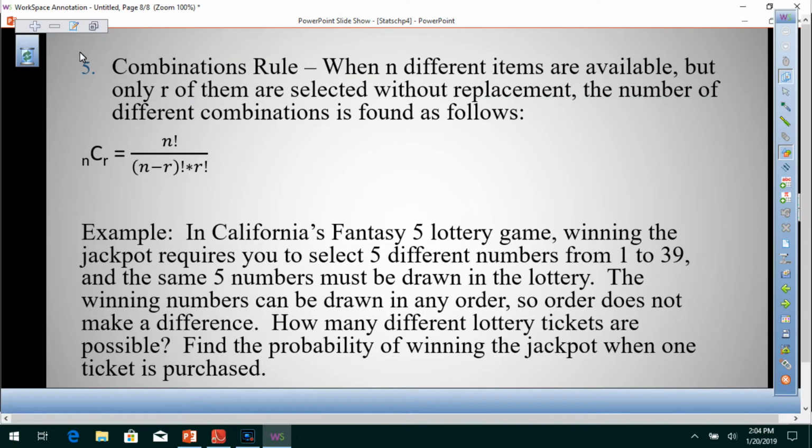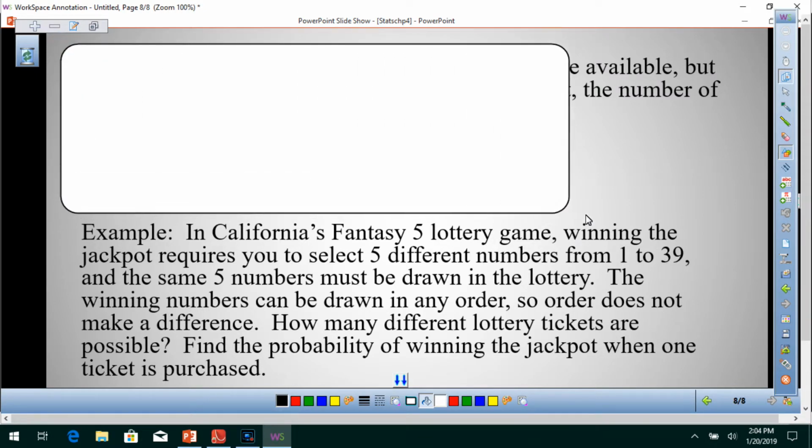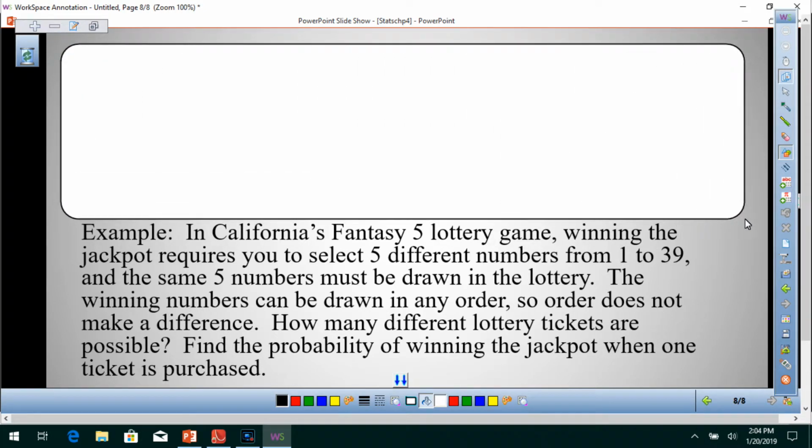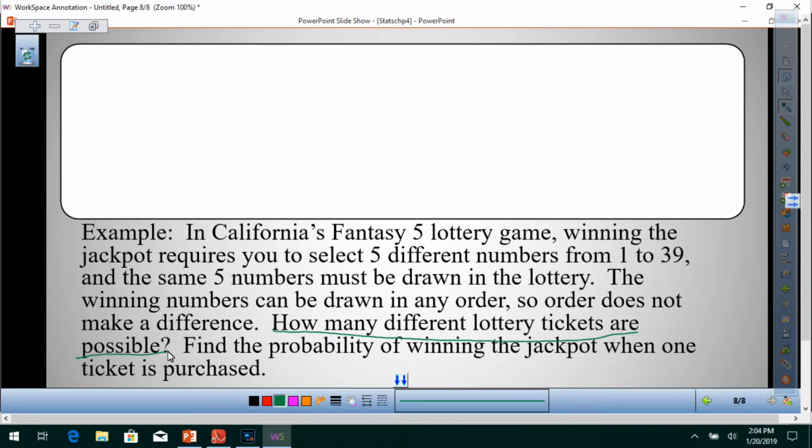So let's try that. Let's answer the first question. How many different lottery tickets are possible? Okay. Order does not matter, so we can use the combination. So what do we got here? We got 39 choose 5.